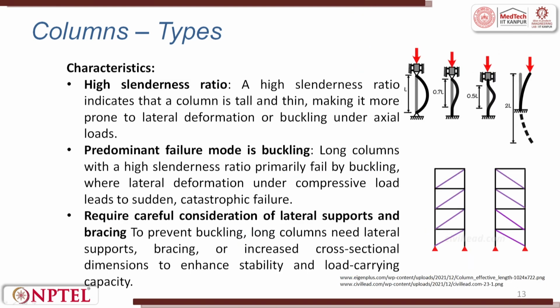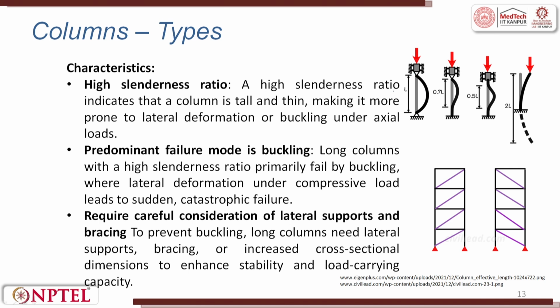The characteristic: high slenderness ratio. A high slenderness ratio indicates that a column is tall and thin, making it more prone to lateral deformation or buckling under axial load. In certain cases, we would like to have such columns.